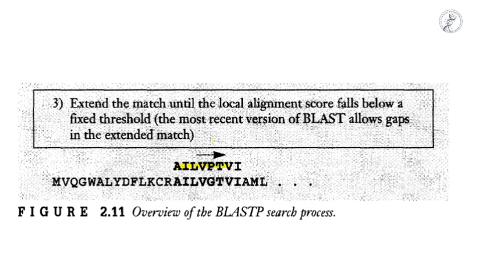BLASTP is doing the search now. We will go and check the result. So BLAST will cut our sequence into words, k-tuples, and these words are searched against a database.